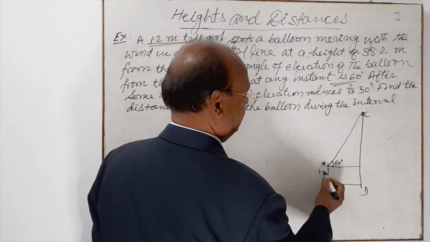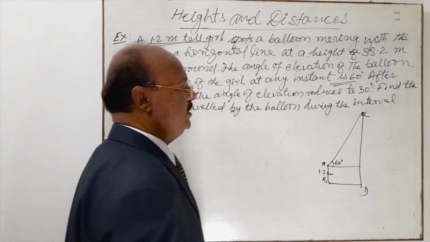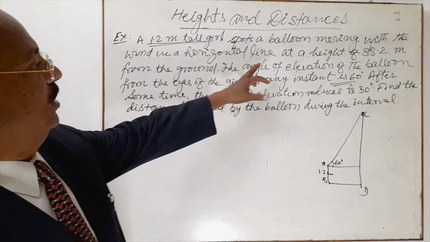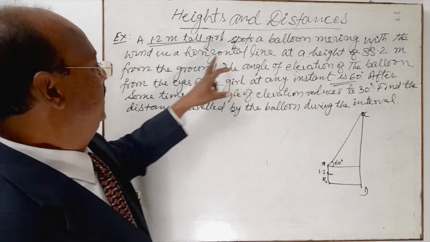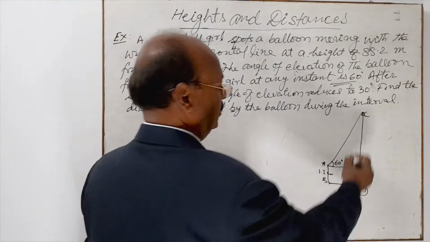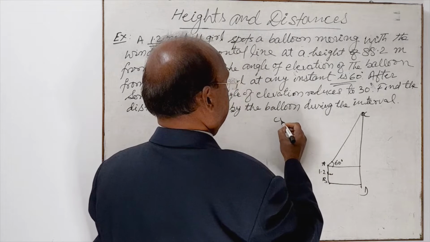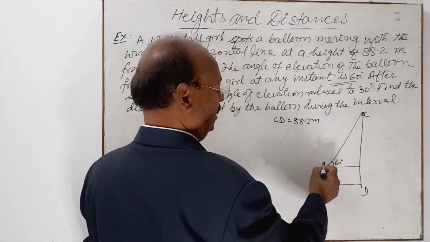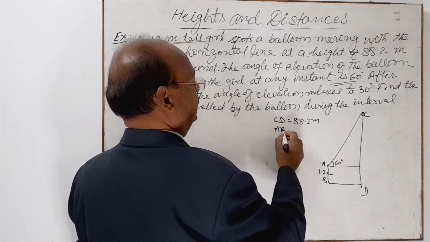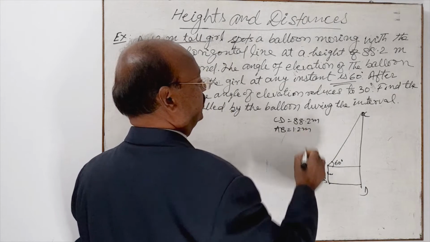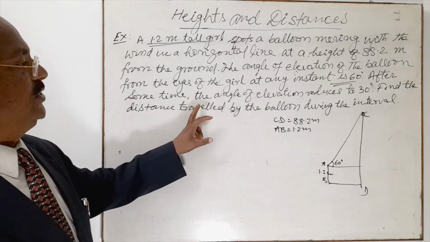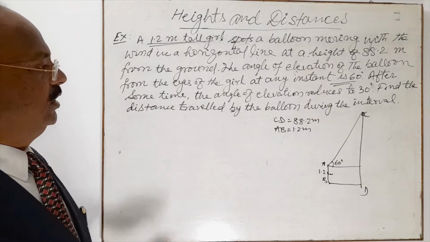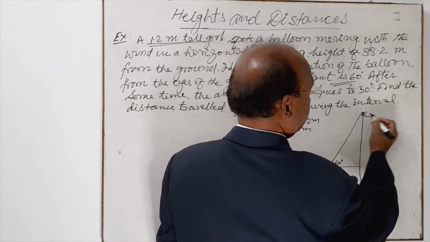This is the height of the girl, 1.2 meter, and the height of the balloon is 88.2 meter. So here this CD is 88.2 meter and the height of the girl AB is 1.2 meter. After some time, the angle of elevation reduces to 30 degree. So the balloon is moving horizontally.